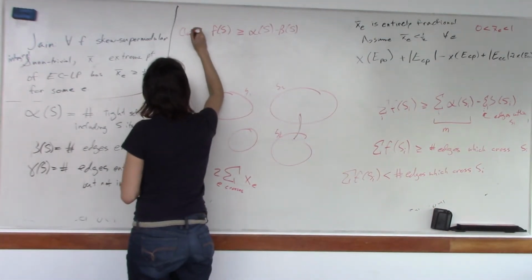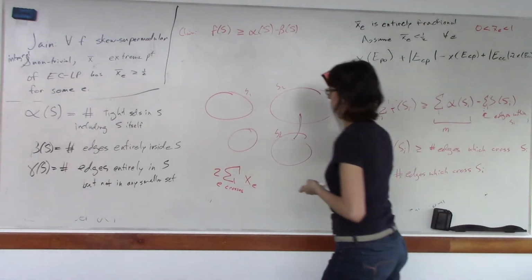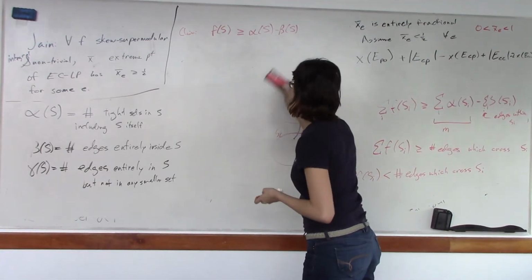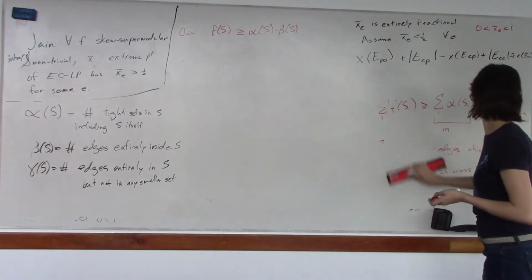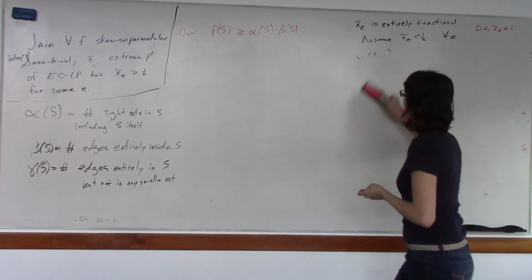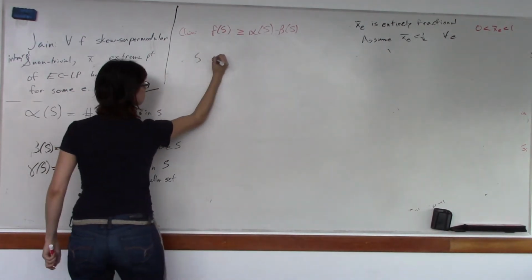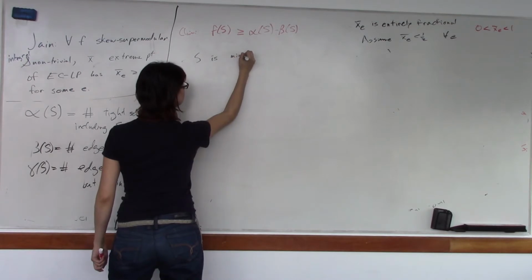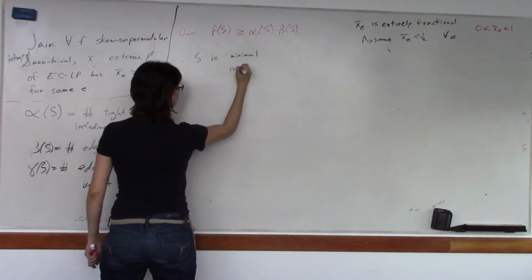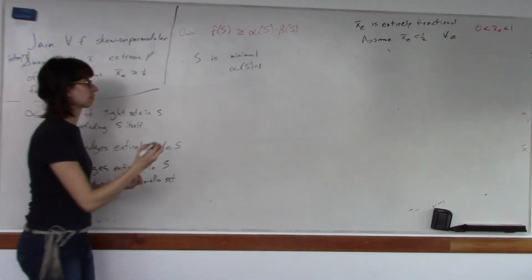We're going to start with the base case, which is where our S is a minimal set. So if S is minimal, well, alpha S equals 1, because there's no sets inside it, it's minimal.